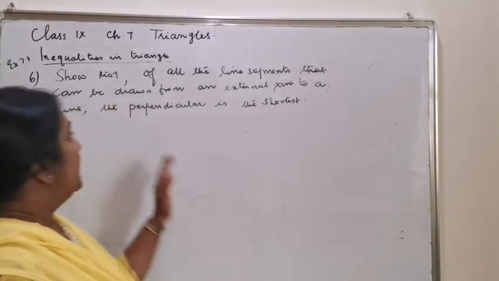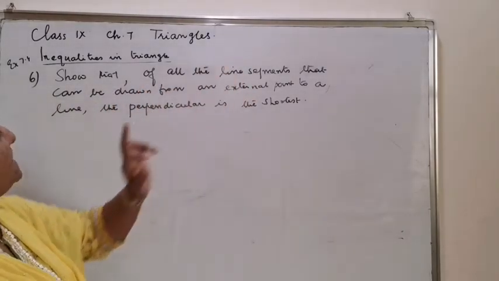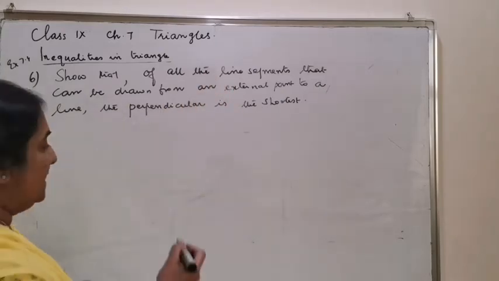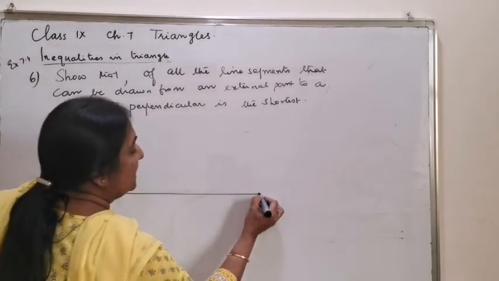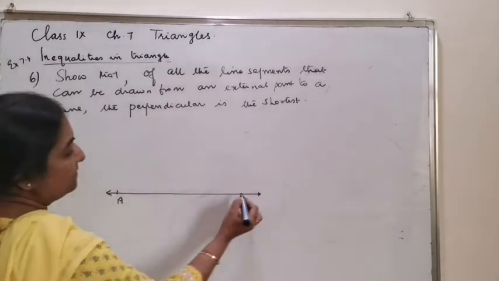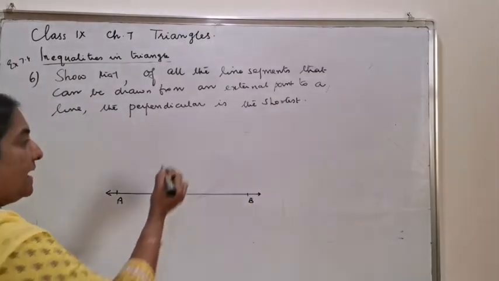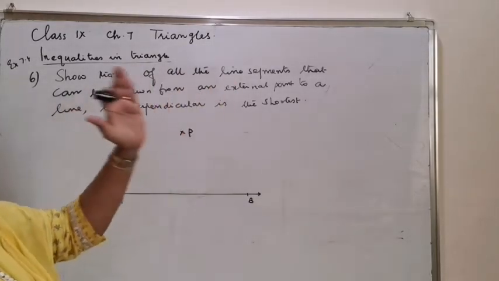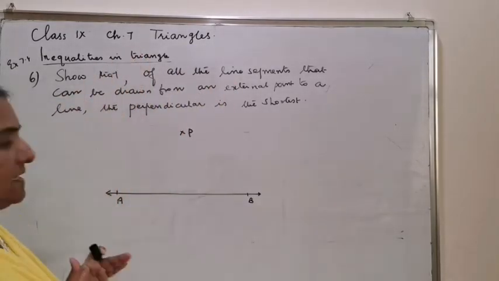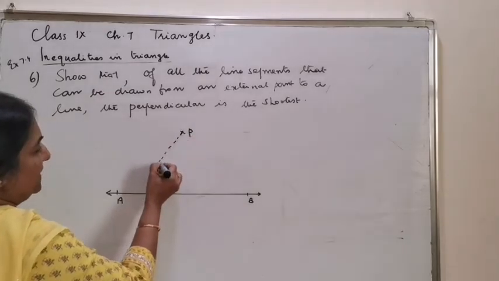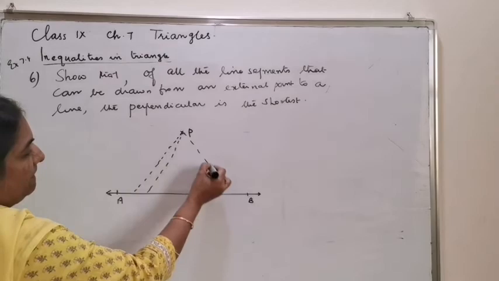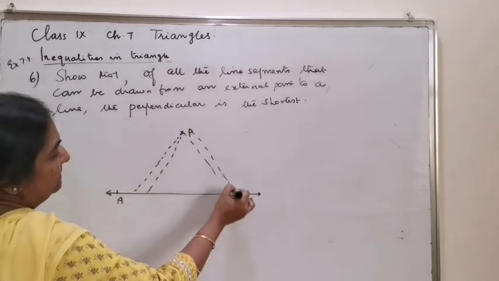That is, of all the line segments that can be drawn from an external point to a line, that means you are given a line AB and an external point P. Of all the line segments that can be drawn from this external point, let's plot at least 2-3 lines in any direction.